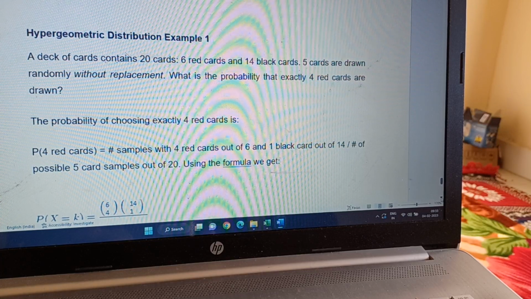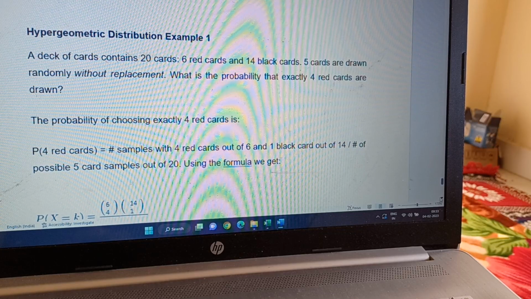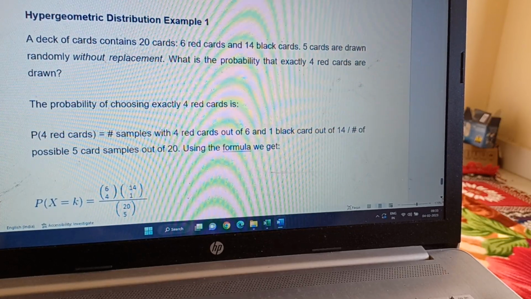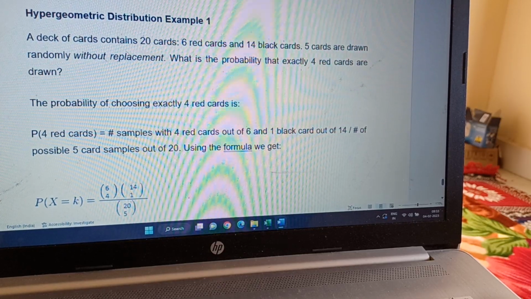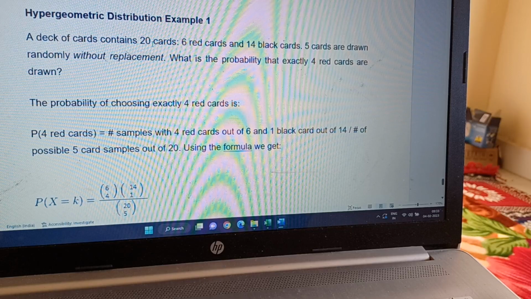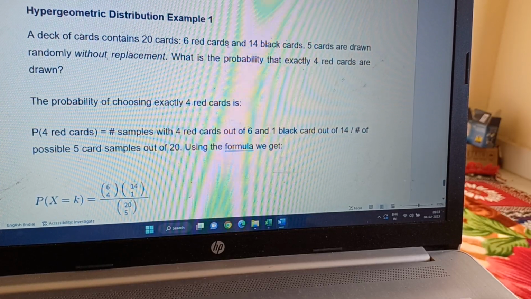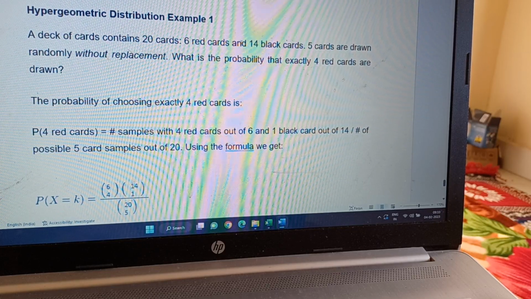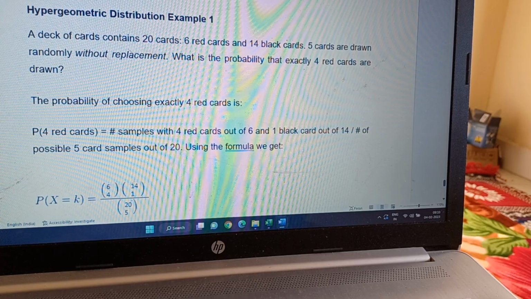So be careful about which distribution is with replacement and which one is without. Now here is the question on hypergeometric. A deck contains 20 cards, so the total large N is 20, and 6 red cards, which is small k. It contains two groups, no? So 6 red cards is small k, and 14 black cards, that is N minus K.